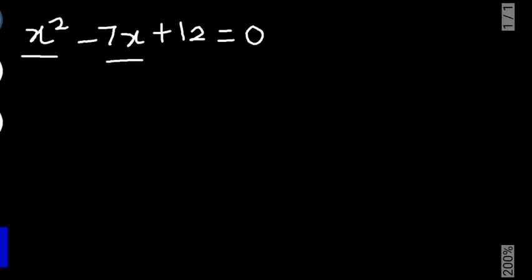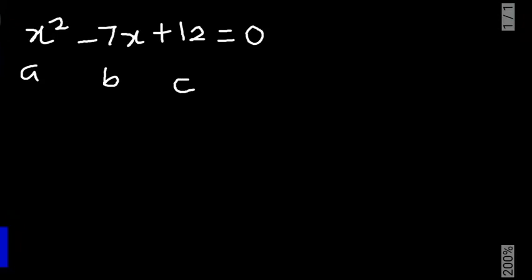So x squared minus 7x plus 12 equals 0 is the equation we are dealing with. The first thing we are going to do is name the coefficient here a, the coefficient here b, that's minus 7, and the constant here, plus 12, that is c.